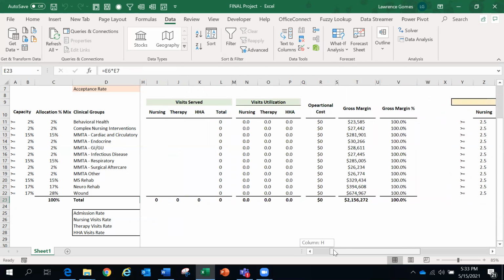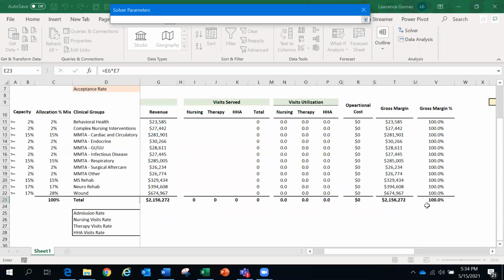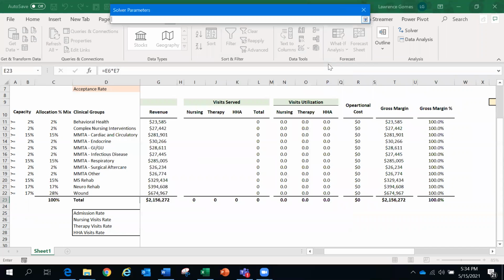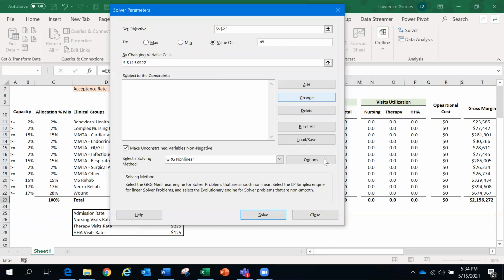Now it's my cost part, which I have to identify so that the agency can make a total net profit of 45%. So for my second solver, we set the solver. My set objective is the gross margin percentage with a value of 0.45 or 45%. My changing value is the visits served, which I don't know, I have to identify.